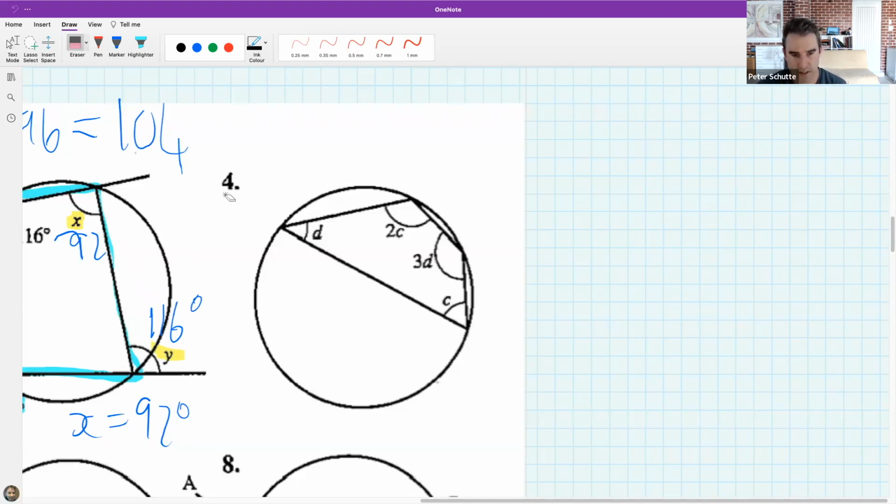So what is the value of D in this question? Before you worry about C, we're doing question 4, and you're given this drawing, and I want you to find me the value of D. Maybe we can get some tips. If anybody has some ideas, they can put it in the chat or let us know.